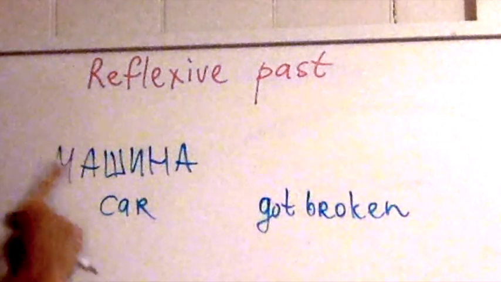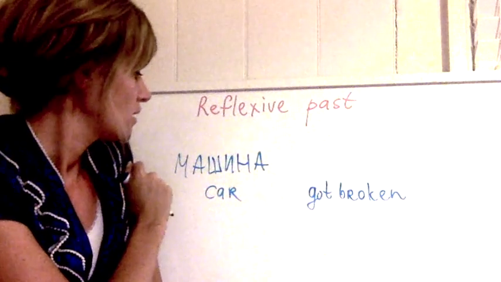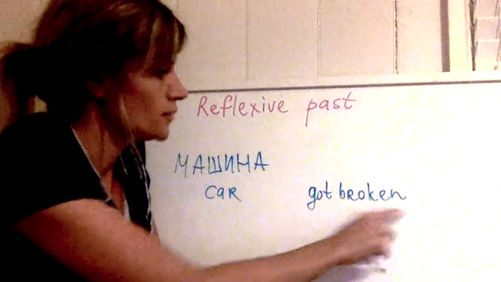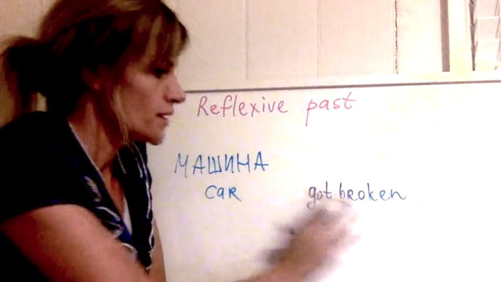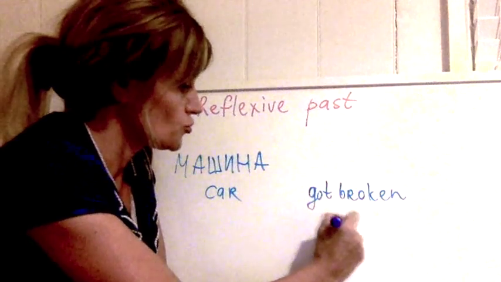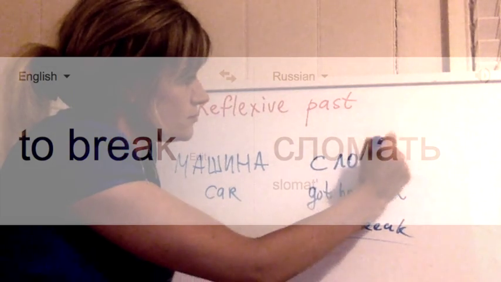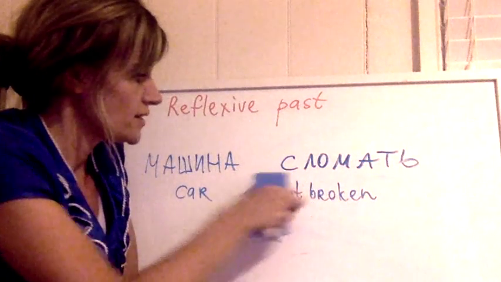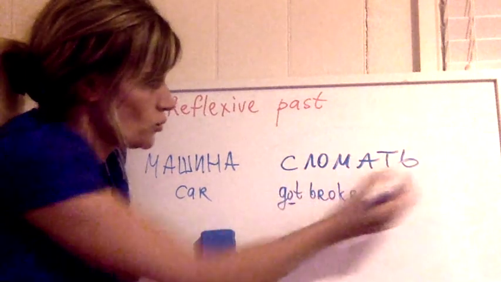Хорошо. I want to say the car got broken down. Before I get to that part, got broken, let's just take from the dictionary a basic verb, which is to break. Сломать. Broken first, because in English got goes first, and in Russian this one will go at the end.